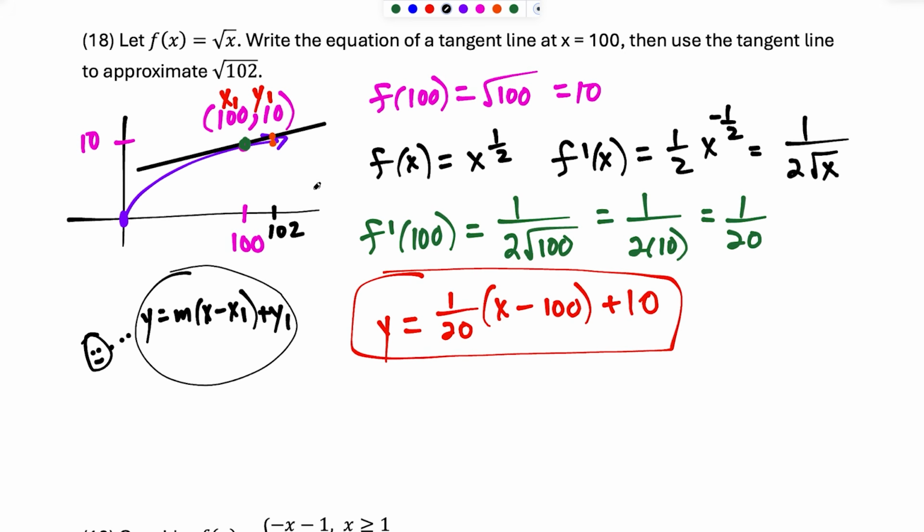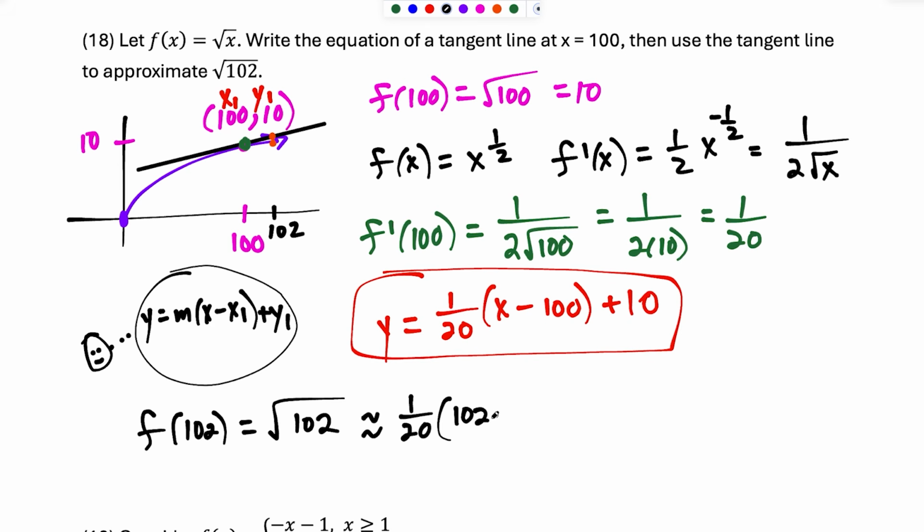So now let's use this tangent line to approximate the square root of 102. Notice that the square root of 102 is our function evaluated at x equals 102. If I plug 102 into the function, I get the square root of 102. But using the tangent line, I could say this is approximately equal to 1 over 20 times x minus 100, but we're plugging in 102 for x, and then we have our plus 10 at the end.